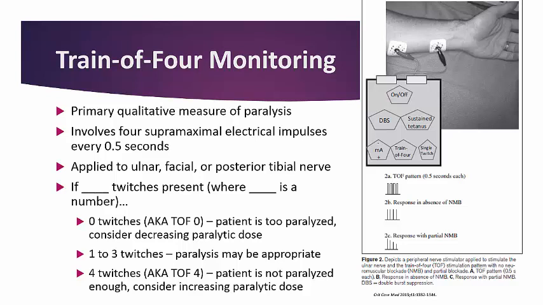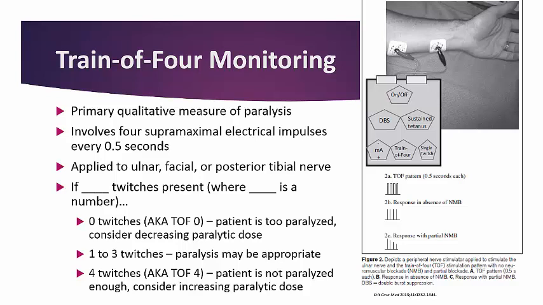If 0 twitches happen, that essentially means that you're probably paralyzed too much. We don't want patients to be over-paralyzed, but we also don't want them to be under-paralyzed either. Because if no muscles are working in the body, we can't function at all. We still have to have things like our lungs working, and there are certain organ muscles that still have to function to an extent.